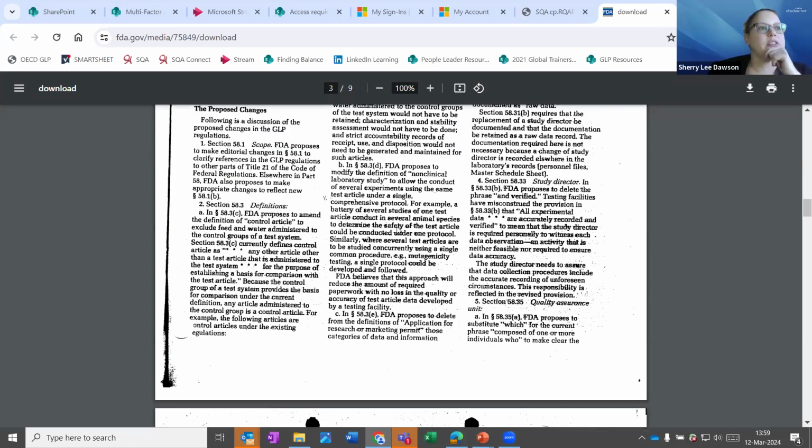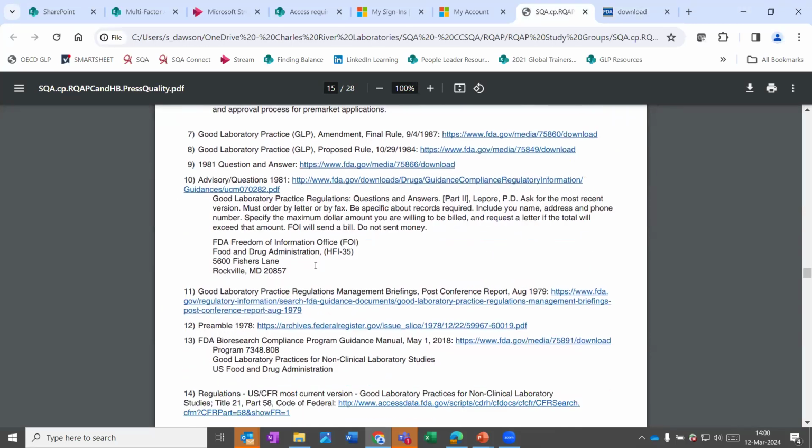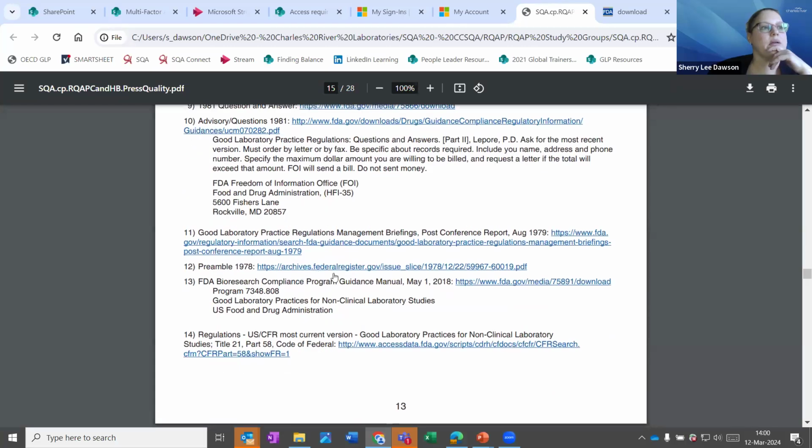There were several similar ones with test articles, so they explain the rationale in this. This is definitely a good document. There are potentially other ones as well. The 1978 preambles are right there as well. So the links are in there, Sunitha. Definitely go on the SQA website.